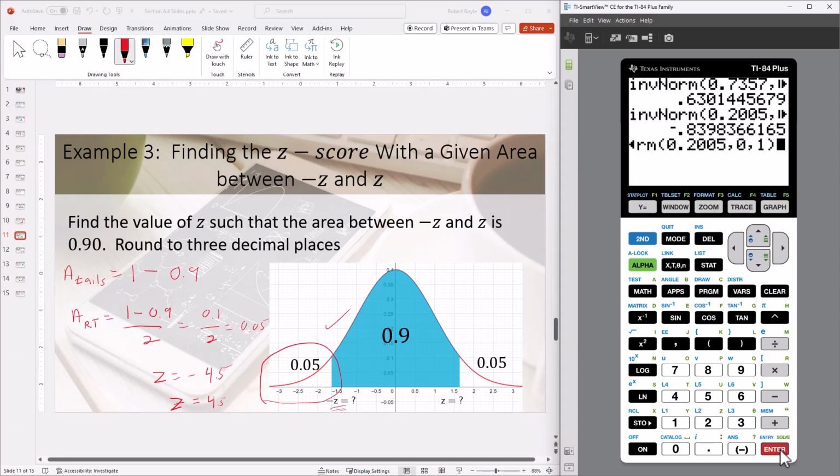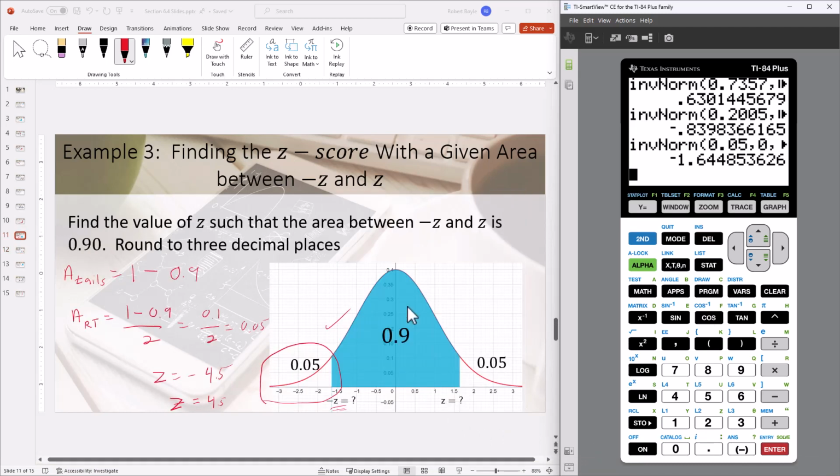So I'm going to do that in this particular case, and now the only difference is instead of the area being 0.2005, I'm just looking for 0.05, and I can get that by deleting the 2. Mean 0, standard deviation 1, hit enter, and that should be my answer.